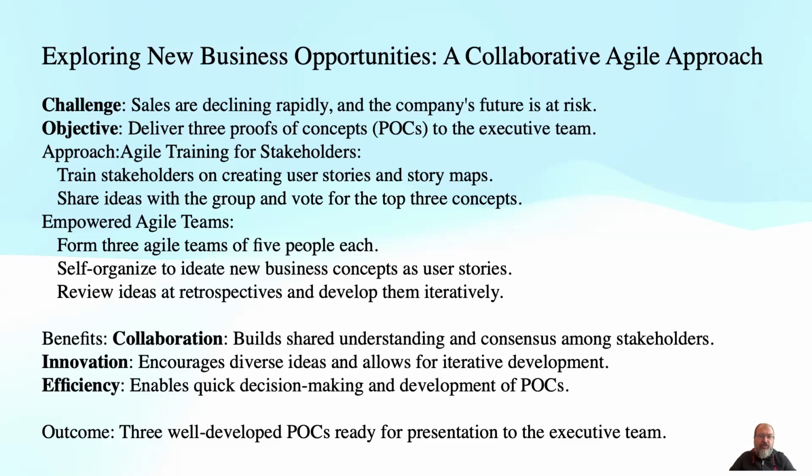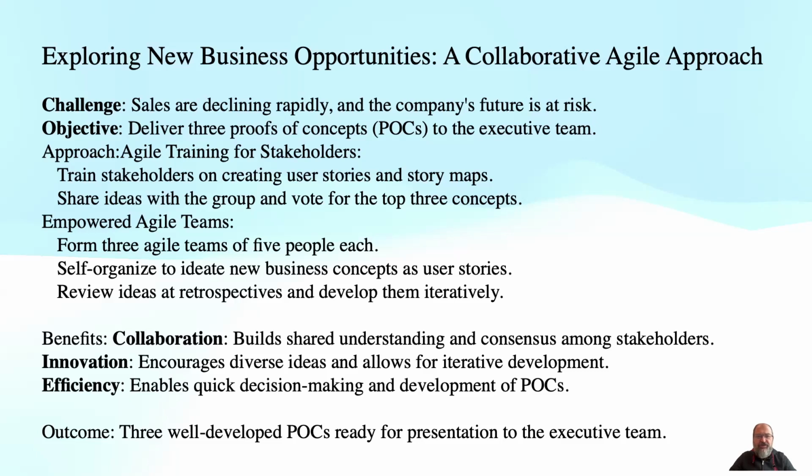Overall, the agile approach adopted by the project manager prioritizes collaboration, innovation, and efficiency. By involving stakeholders in the decision-making process and empowering agile teams to iterate on ideas, the project manager aims to deliver three well-developed proof of concepts that address the company's challenge effectively.